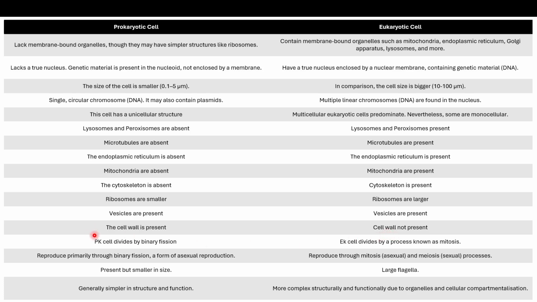Okay, and prokaryotic cells divide or reproduce primarily through binary fission, or asexual reproduction. They do show a sexual form of reproduction as well, where some genetic material gets exchanged. Whereas eukaryotic cells reproduce through mitosis, asexual, or meiosis, sexual processes.